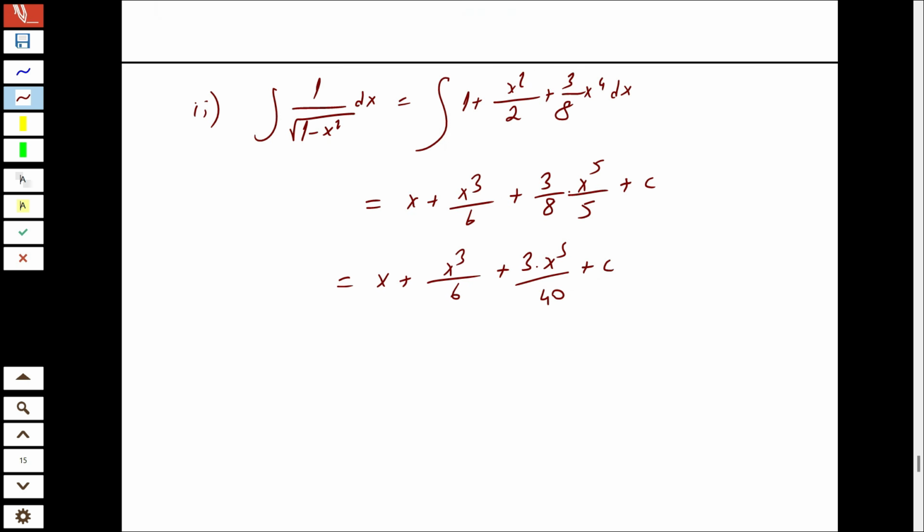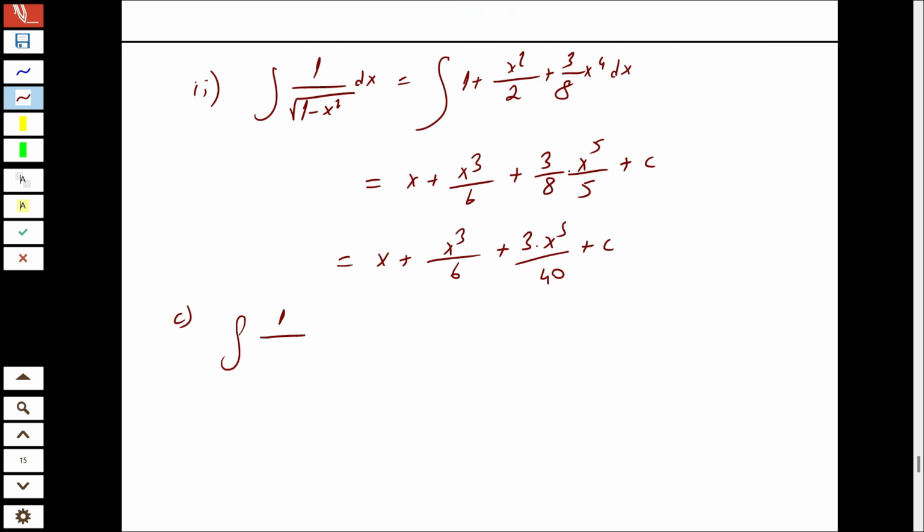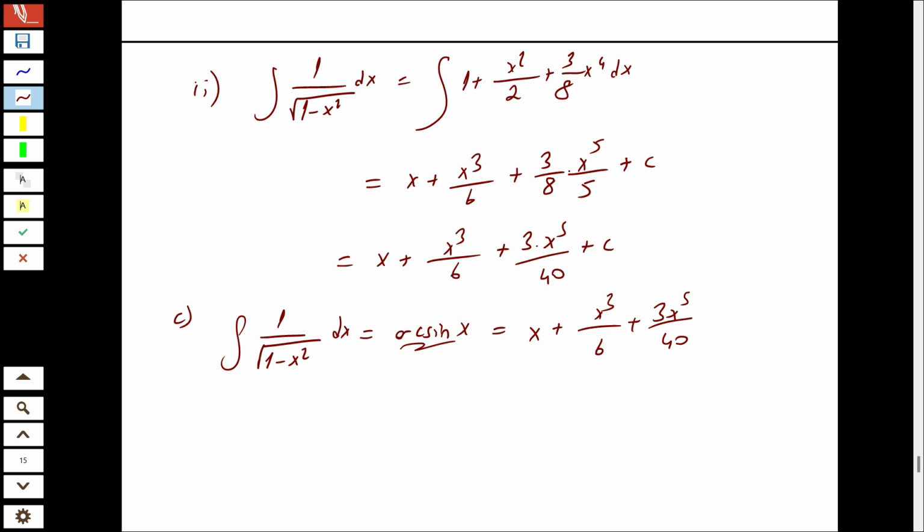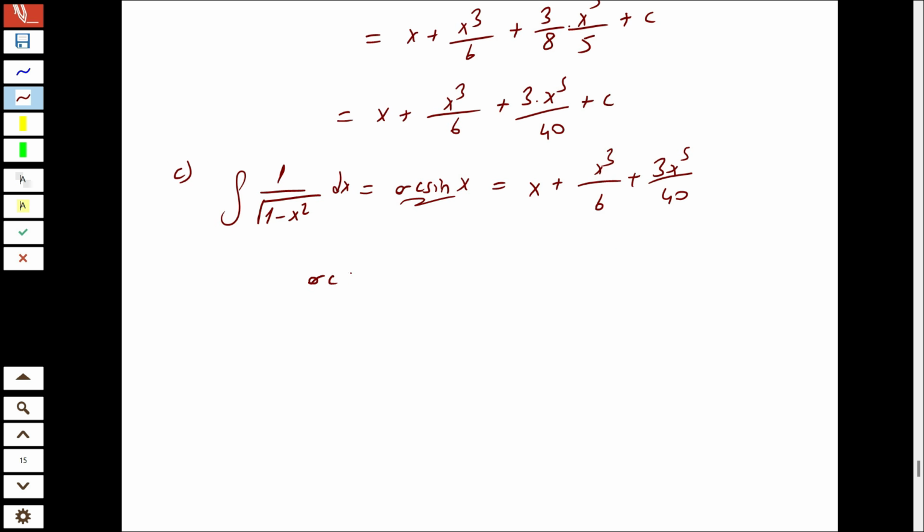Okay, in this part, we know that actually the integral of this expression will give us arc sine. You can check from the formula booklet, okay? So we can directly equate the function to the expression that we found in the previous question here, right? In this case, I'm looking for arc sine 1 over 2. I will just replace x with 1 over 2.